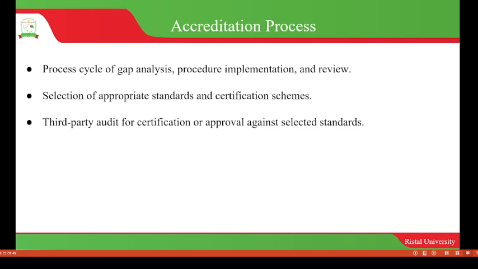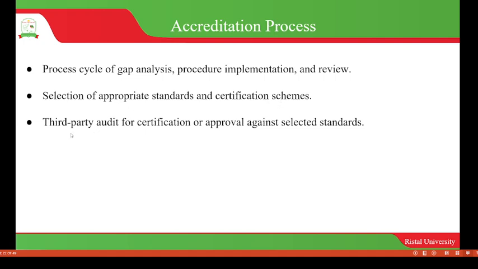Accreditation process. The accreditation process is a process cycle which consists of gap analysis, procedure implementation, and review. Then it also involves selection of appropriate standards and certification schemes for a company.